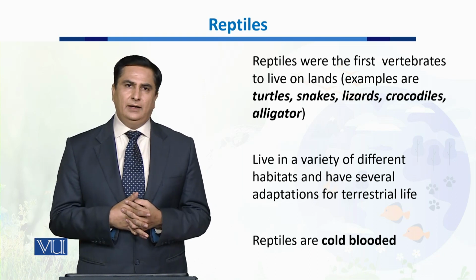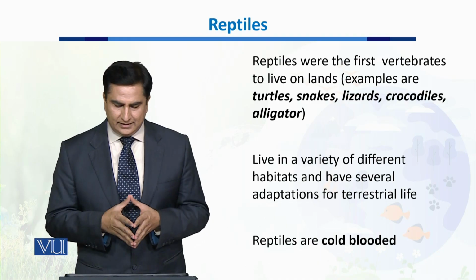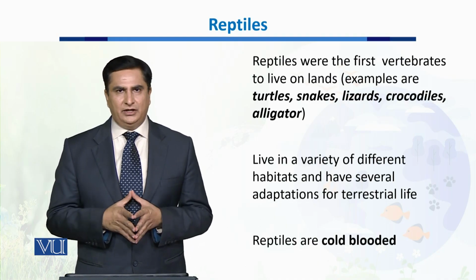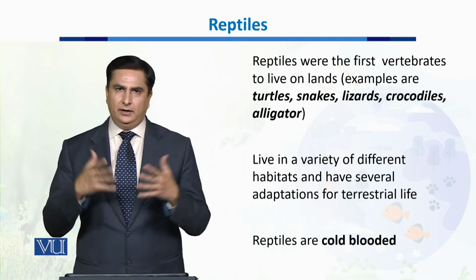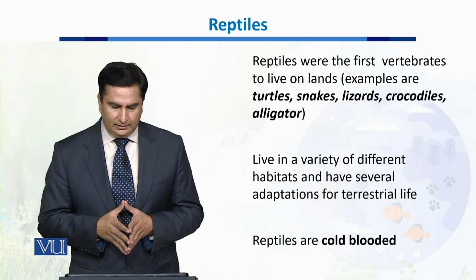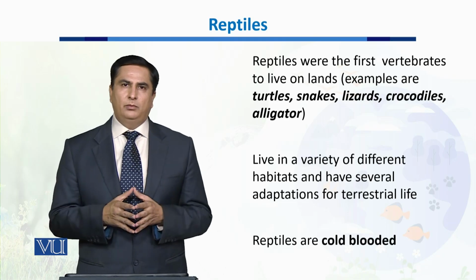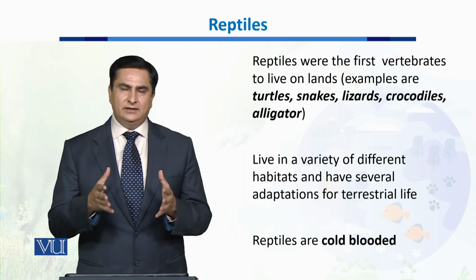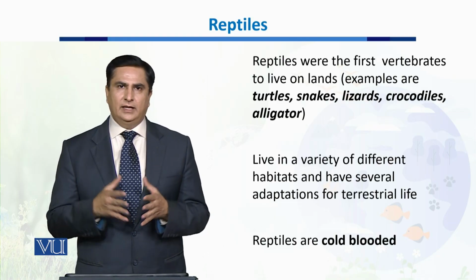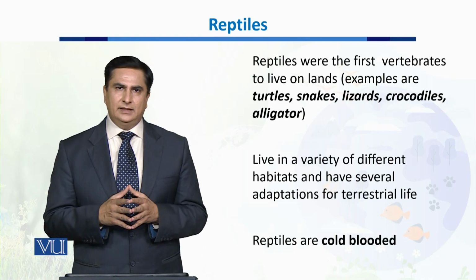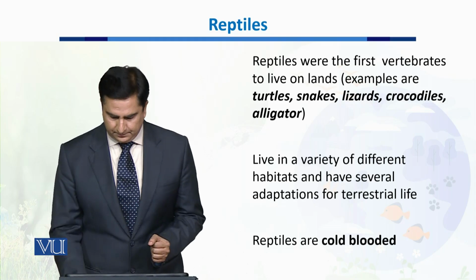They live in a variety of different habitats and have several adaptations which help them successfully live in different places on this planet Earth. They are cold-blooded animals, which means they are poikilotherms. They cannot regulate their body temperature, just like amphibians and fish.